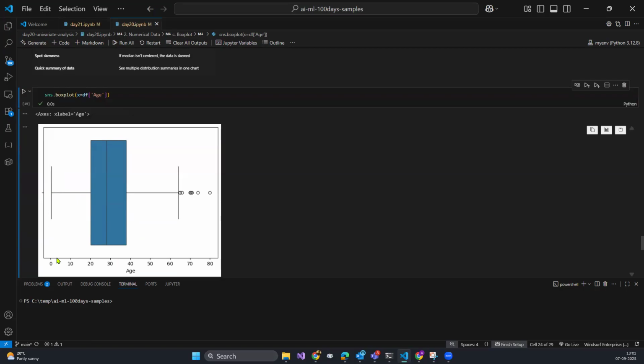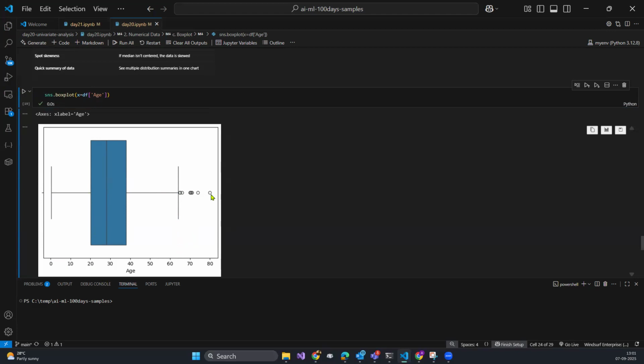Here we can see that most of the population lies between 20 to 40, and the rest are within this range, up to 63 or 64.